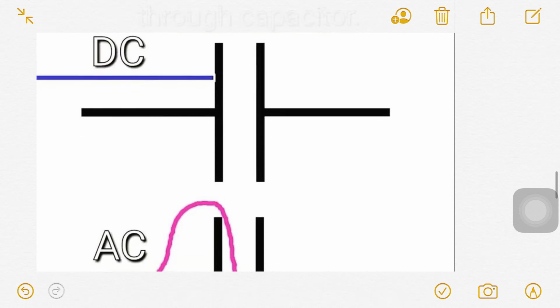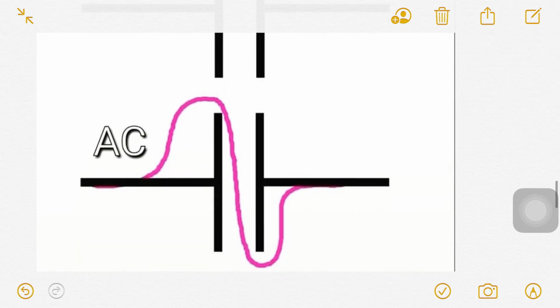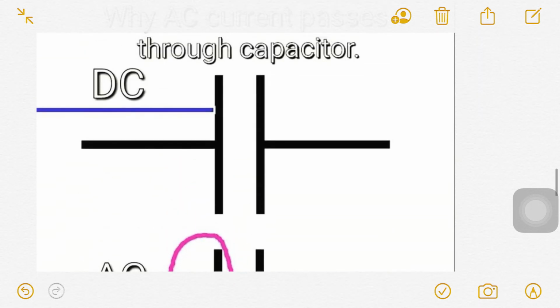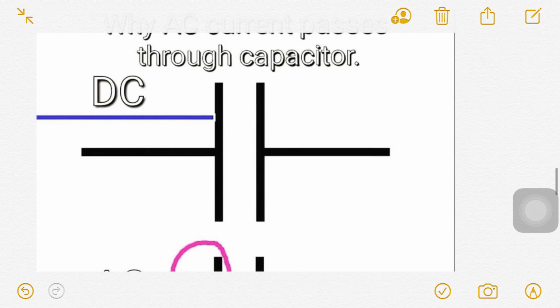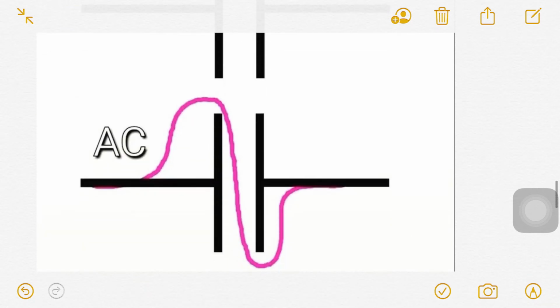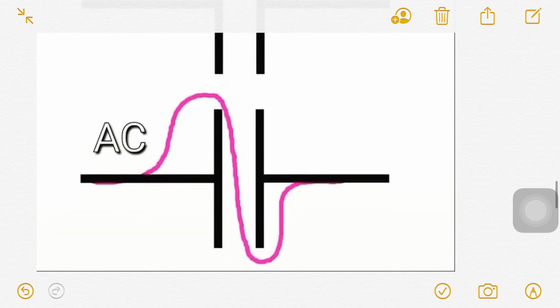So this is not an actual legit na explanation, but just for visual aid para tumatak sa inyo kung paano nagbe-behave ang AC at DC sa isang capacitor. So this one, let's look at it, kung paano daw nakakadaan ang AC. Well, don't take this seriously because this is just for visual aid, okay?